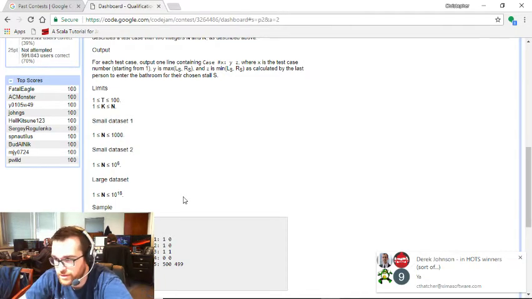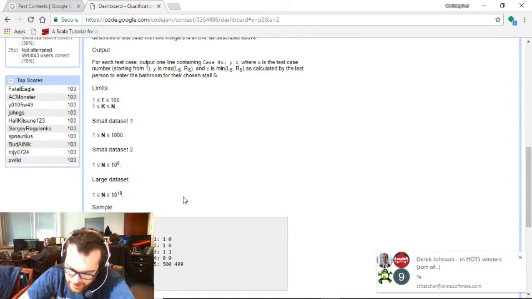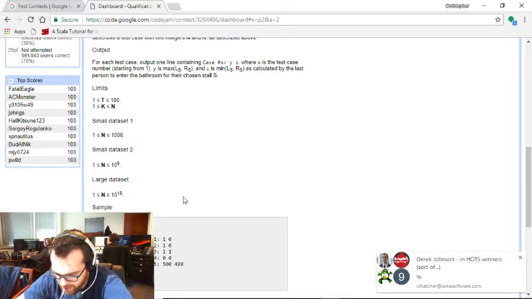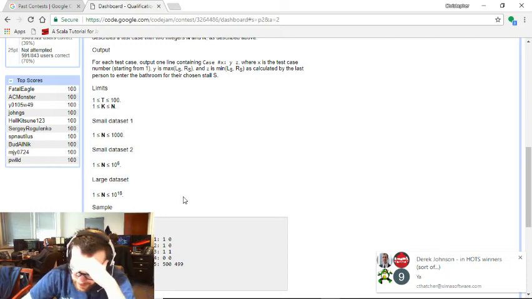And I feel like at this point I'm computing all of them, and I don't know if there is a relationship. Well, clearly there is a relationship between the mins and the maxes that I could probably use.